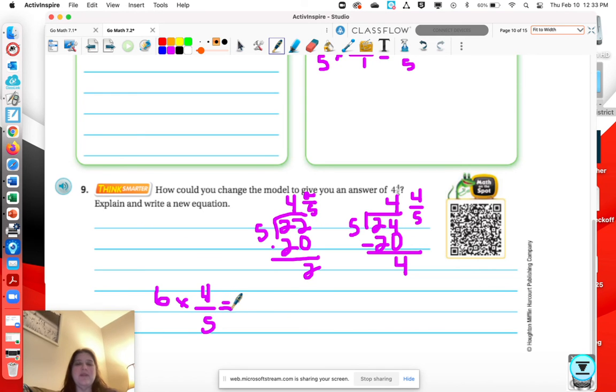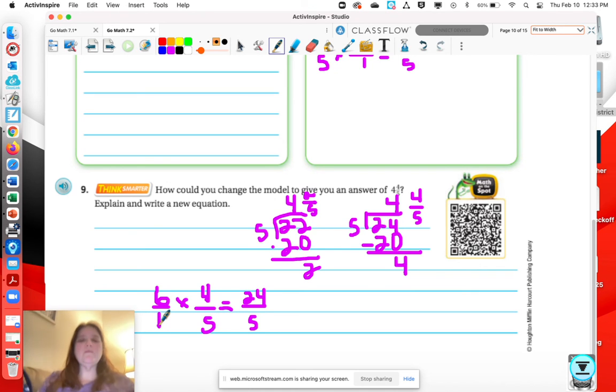That would be my new equation. I always like to stick that over 1 just so I remember that I'm multiplying fractions. Because when we get into multiplying fractions without the whole number, you'll see it works the same way. So boys and girls, that is that one.